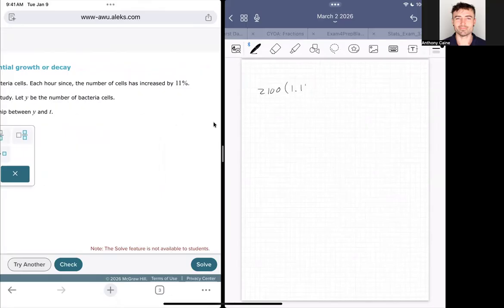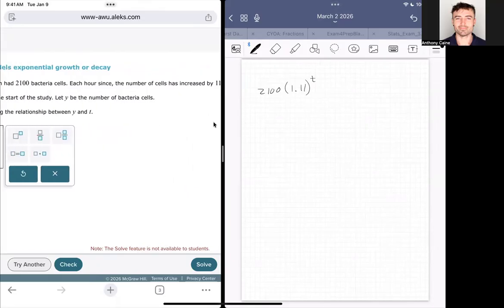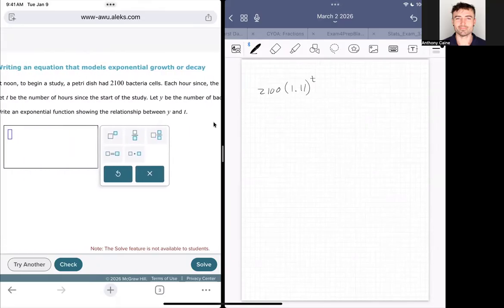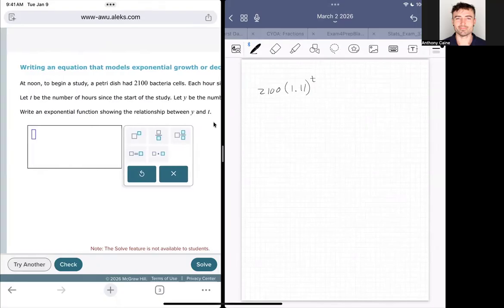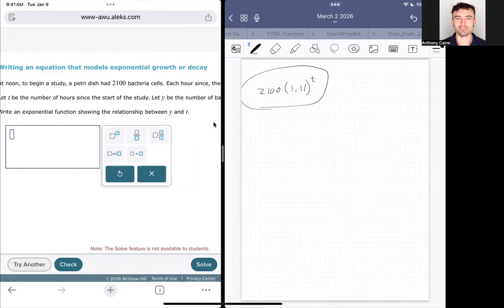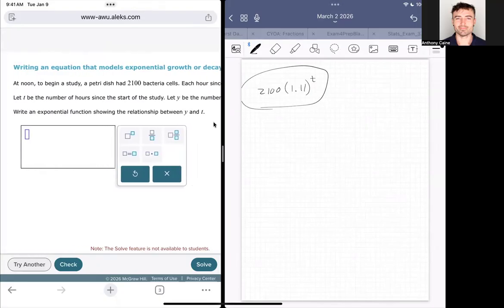We'd write it as just 1.11 to the t, where t is measured in hours because each hour it increases by 11%. Let y be the number of bacteria, write a function. Okay, so this is the function that we're going to put down. So that's our answer. So what did I do? I had the initial amount, which I'll call a subscript 0. Then I have 1 plus the rate. So this was 1 plus 0.11. And this was 2,100. And then it's raised to the t. Okay, so that's pretty much it for that.